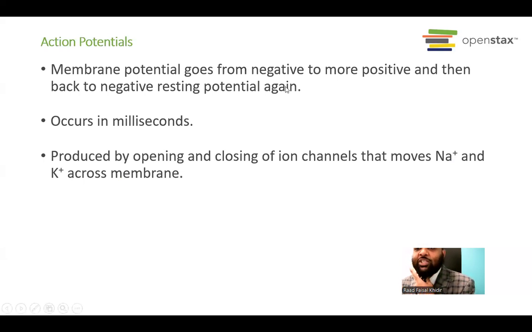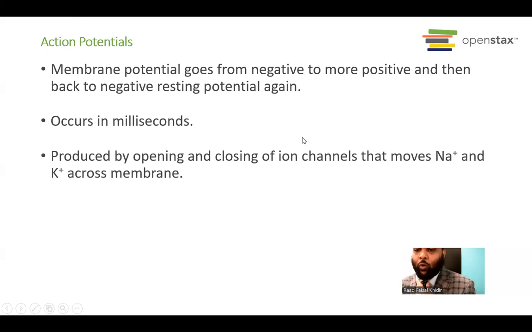So the membrane potential goes from negative to more positive and then back to the negative resting potential again. It occurs in milliseconds. They are produced by the opening and closing of the ion channels that move the sodium and potassium across the membrane.